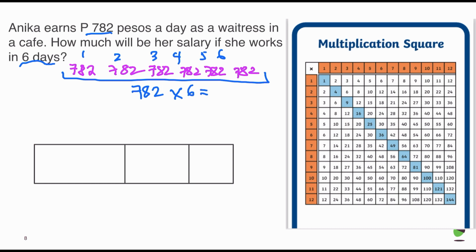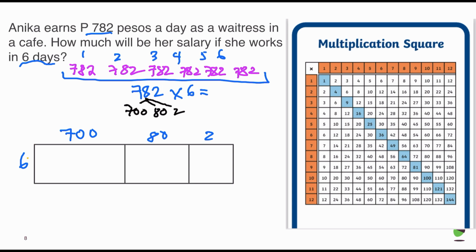Okay, so first, we're going to partition. We have 700. Okay, so we're short by one. 782 multiplied by 6. So let's put 782 and then repeat 782 six times.